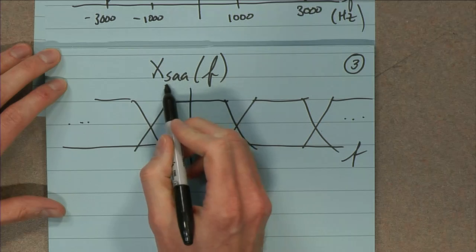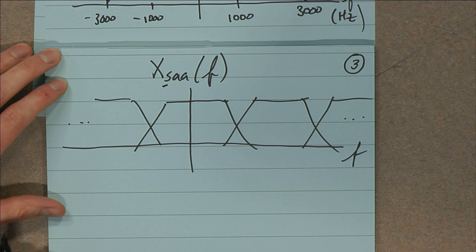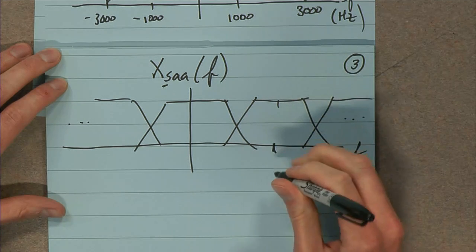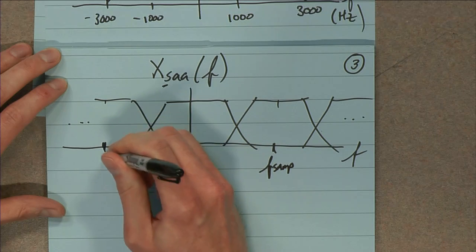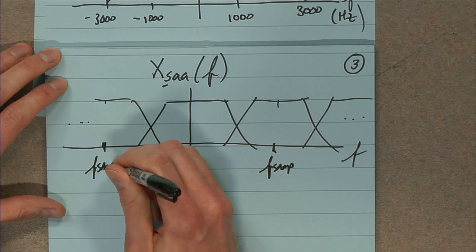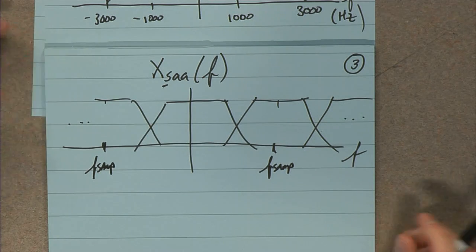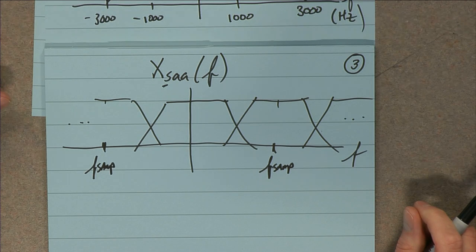Because we sampled it. So it's back to step one. We're sampling things, and we've got these shifted values. And where are the shifts? They're at fsamp, whatever that is. Our task is to figure out what fsamp needs to be to protect the bandwidth of interest. That's really what it comes down to for this type of problem.